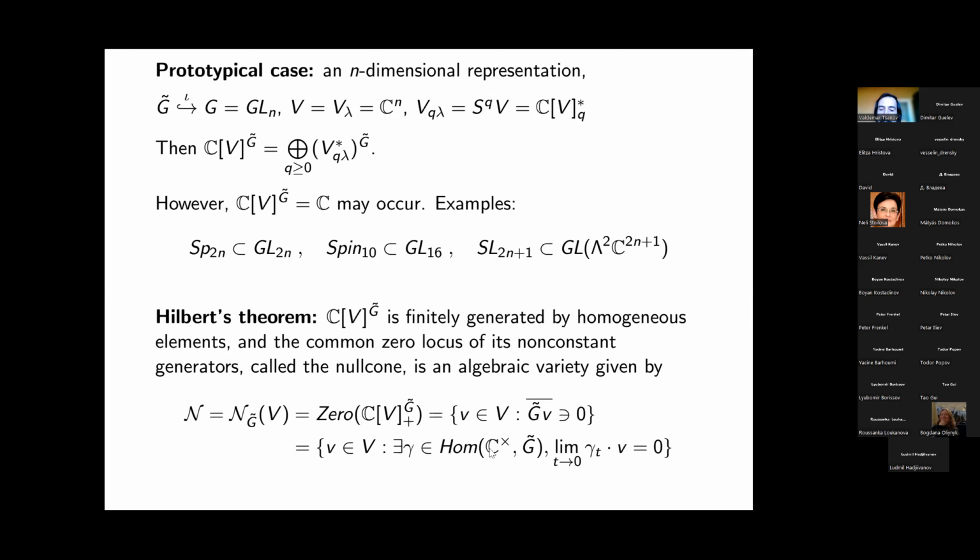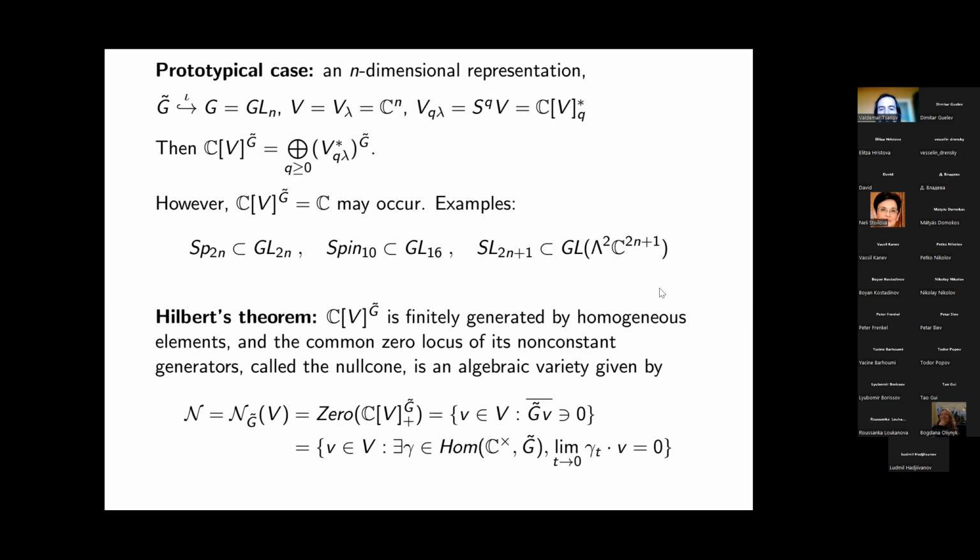So we have a homomorphism from C star lying in here, and in particular in GL of the representation. And so this is a one parameter C star family of linear operators, and we drag the vector to zero by it.